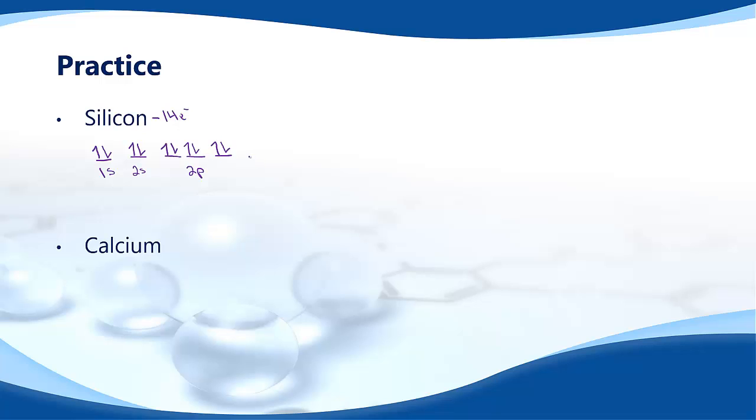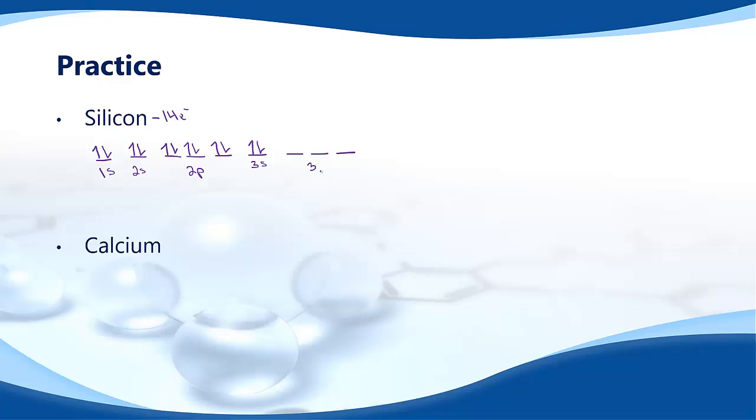I move on to my next sublevel. The next sublevel is the 3s. S sublevels only have 1 orbital, so I draw 1 line. Electron number 11 and 12. That one's filled. Now I move on from 3s, and the next one after that is 3p. So 1, 2, 3.